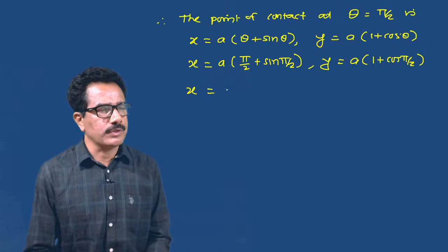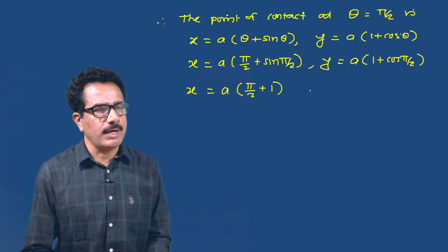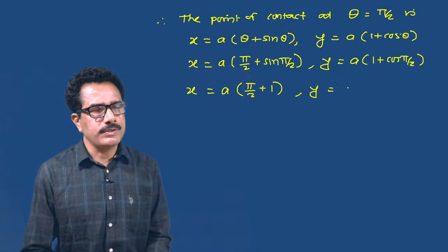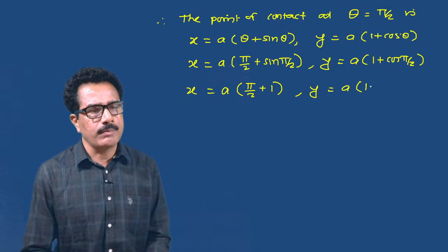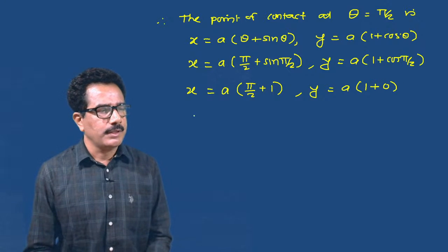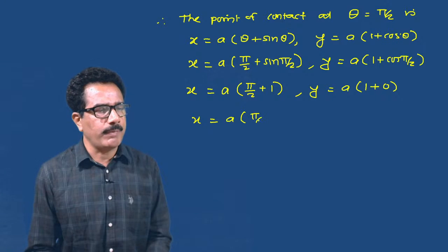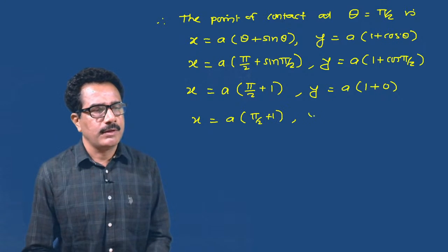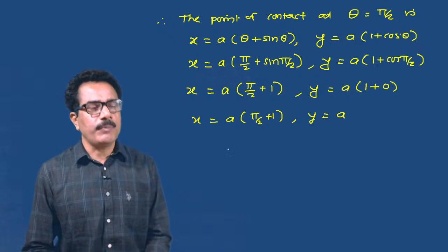Therefore, x is equals to a in a bracket pi by 2 plus 1, comma y is equals to a in a bracket 1 plus 0. So, x is equals to a in a bracket pi by 2 plus 1, y is equals to a. This is the point of contact.